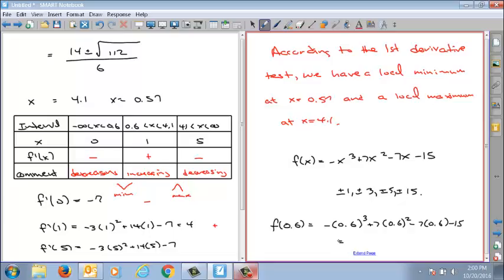So go ahead and stick that in your calculator. So I get negative 16.9.